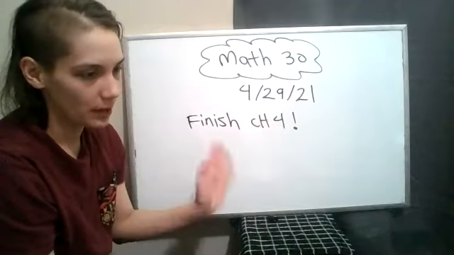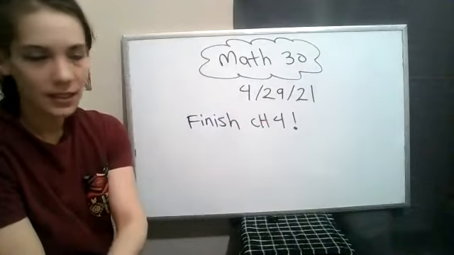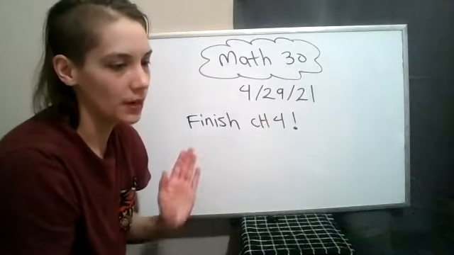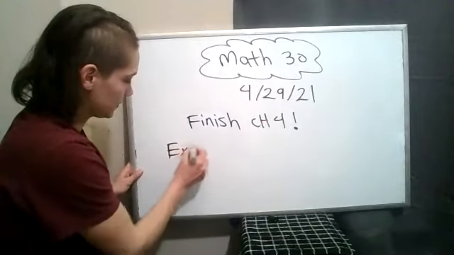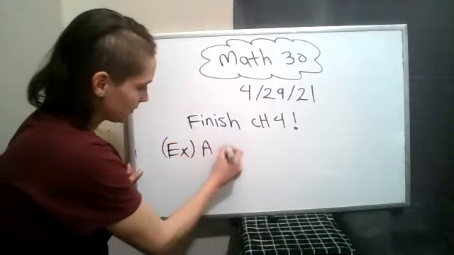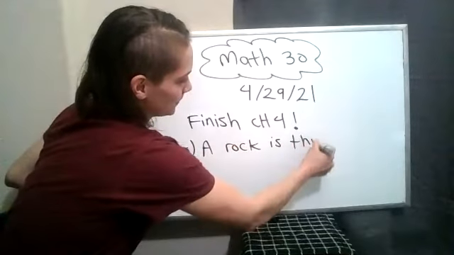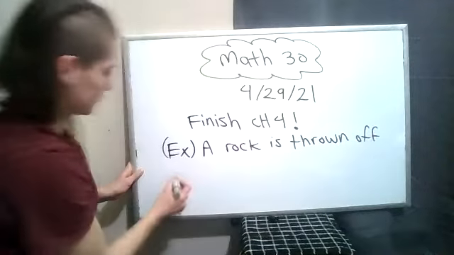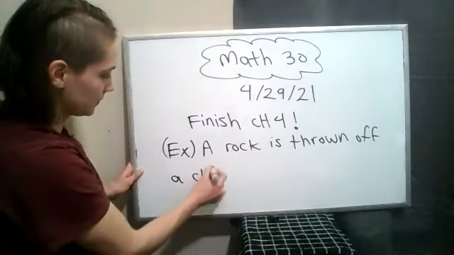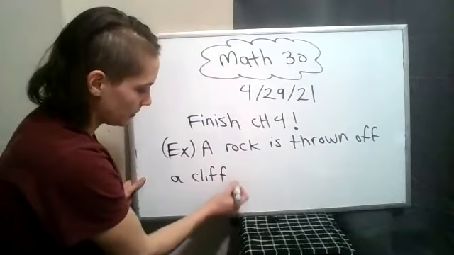I'm going to rewrite the problem, and I've broken it up into a few parts. So a rock is thrown off a cliff. Oh, it's 350 feet high.